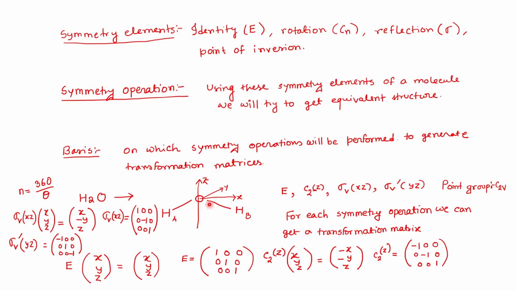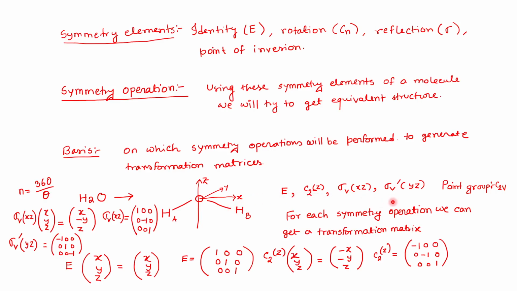Now, what I'm trying to say is that C2 is along z. Now you see there are two vertical planes. Why am I saying vertical planes? Because they contain the z-axis, which are xz and yz. Along those you can see you have reflection planes, and those elements will lead to your equivalent structure.